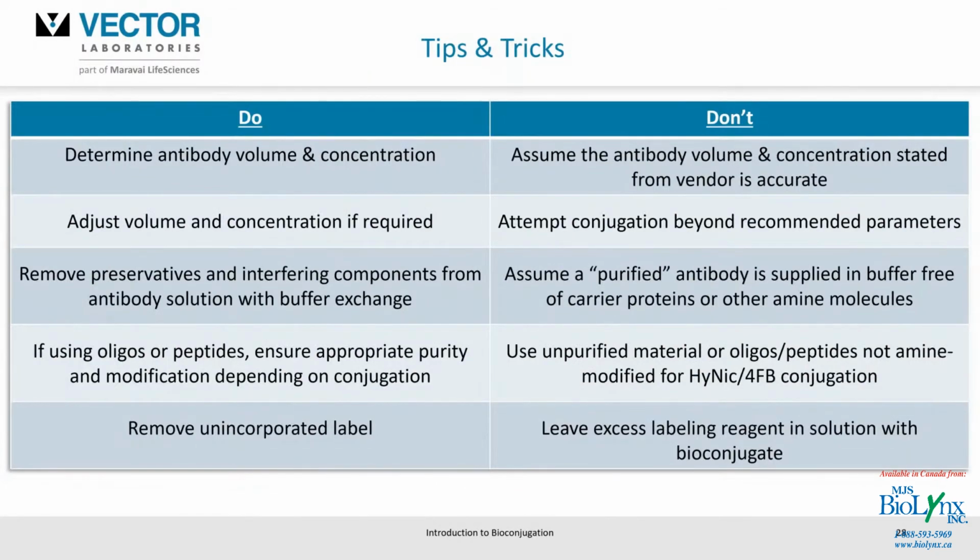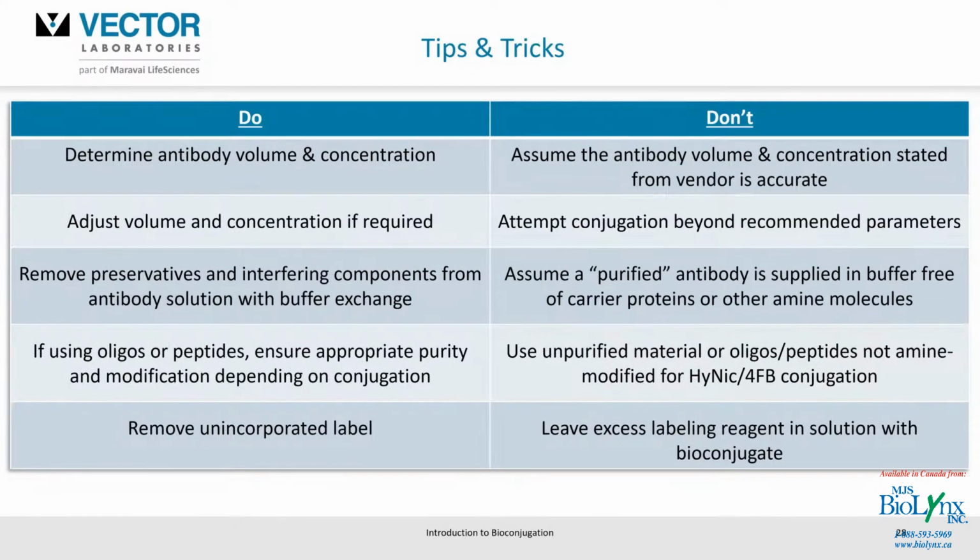Tips and tricks, or I've got here in the table do's and don'ts. So really quickly, do determine the antibody volume and concentration, and don't automatically assume that what's provided to you by a vendor is actually the correct volume or indeed concentration.